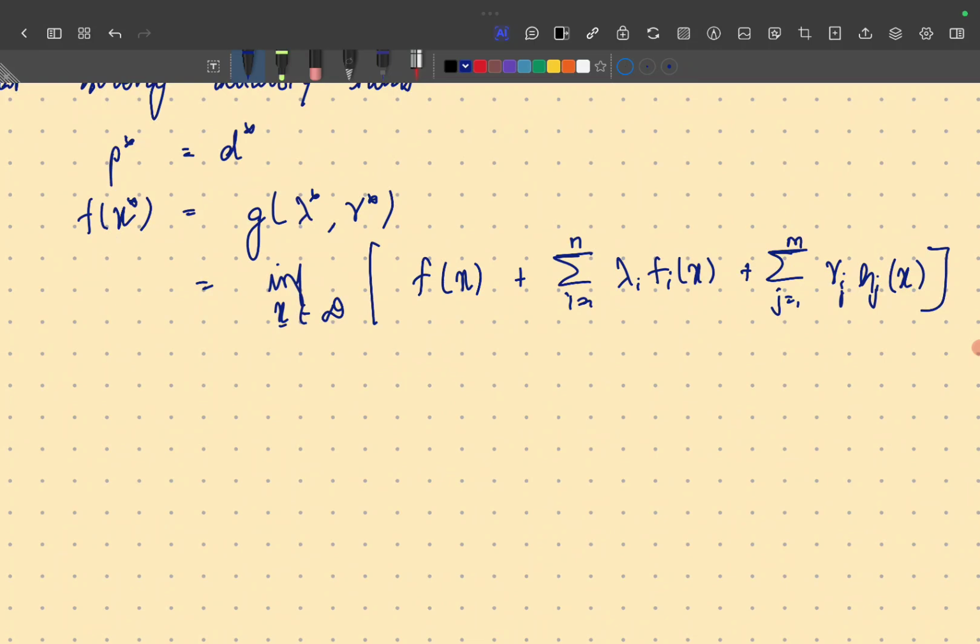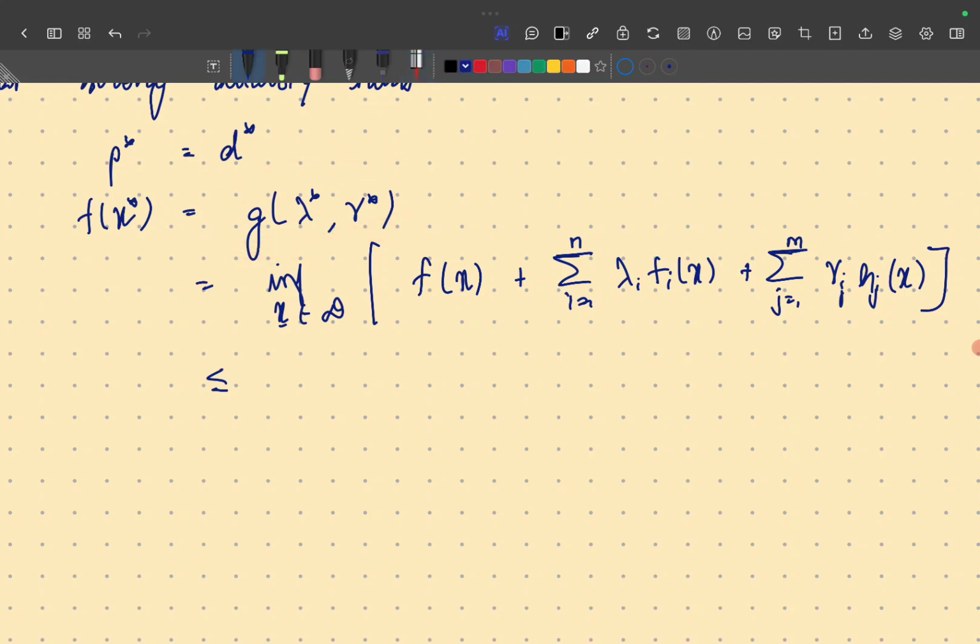Now the right hand side is the infimum over all possible x. If I plug in one particular value of x, then this quantity is going to be greater than or equal to the infimum. I have the Lagrangian, the minimum of the Lagrangian over all x gives me g of lambda star, nu star. For a specific choice of x, the value of the Lagrangian can only be greater than g of lambda star, nu star.